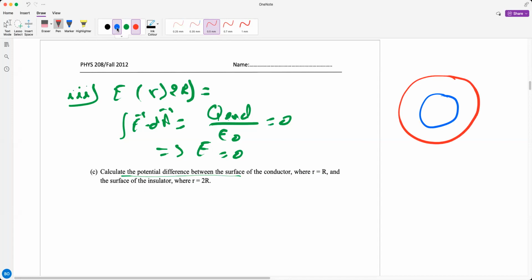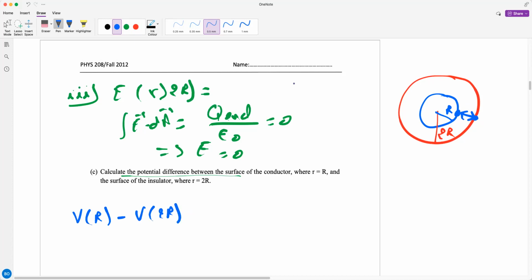So this is 2R, and this is R. And I want to calculate the potential difference between these two parts. Okay, how can I calculate it? Any idea? I want to calculate the potential difference V(R) minus V(2R).